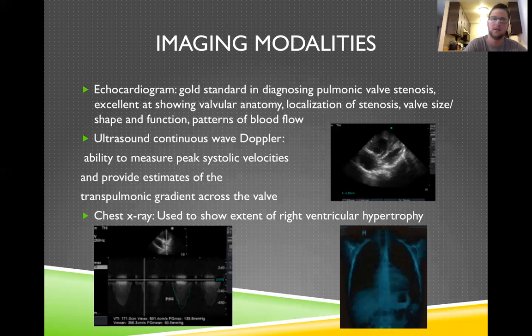And also, let's say they found out this patient's pulmonary valve is stenotic, and it's gone untreated, and they want to see how much hypertrophy is going on. Chest x-rays are actually really great at showing the extent of how much hypertrophy has occurred on the right side of the heart, atrium and ventricle. So all three of those are very useful.